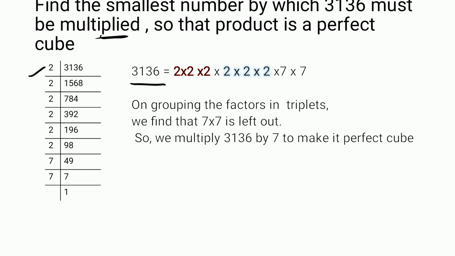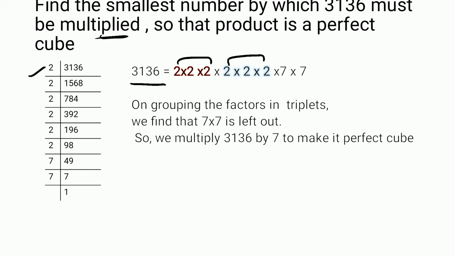Now we will make groups of triplets of like numbers. First group, 2 into 2 into 2, one group, and then another group of triplet. Here is one more group of triplet, but 7 into 7 remains ungrouped.